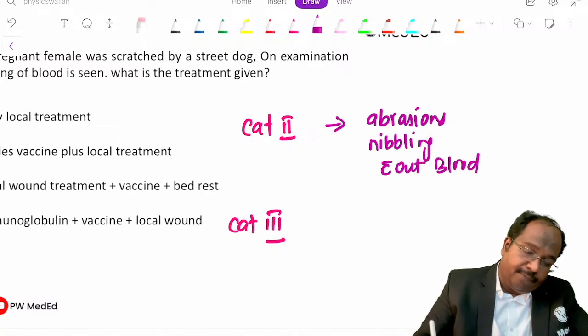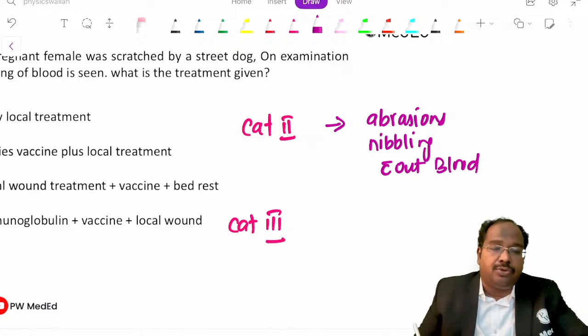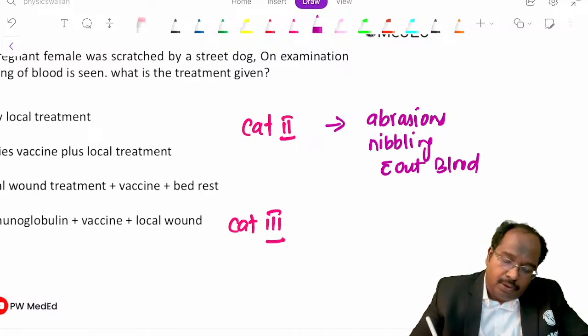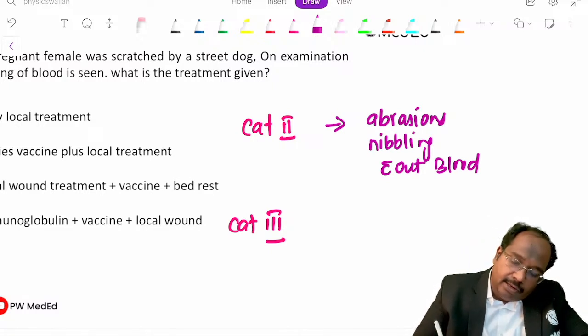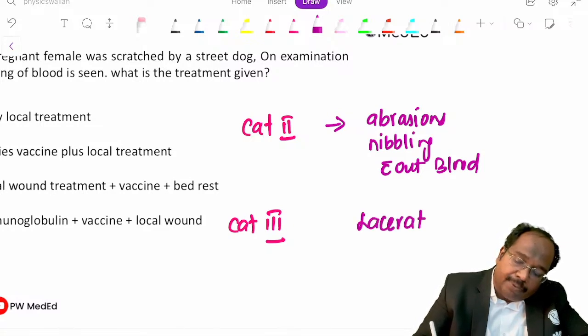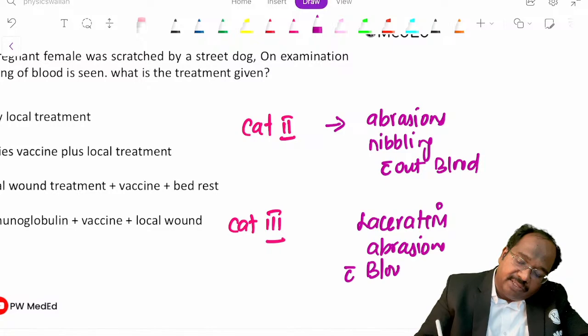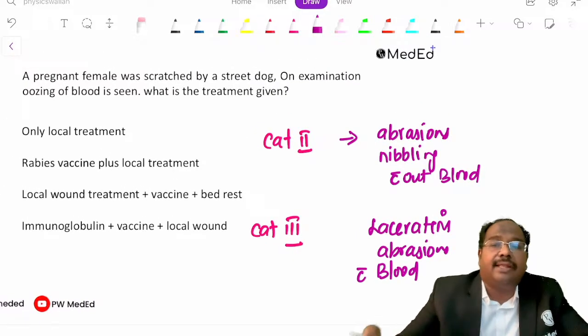Category 3 is any lacerations or abrasions, or wild animals with blood, which means it becomes category 3.